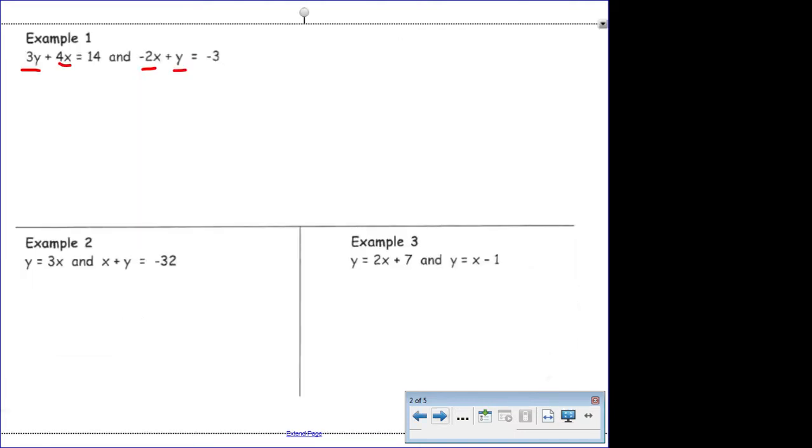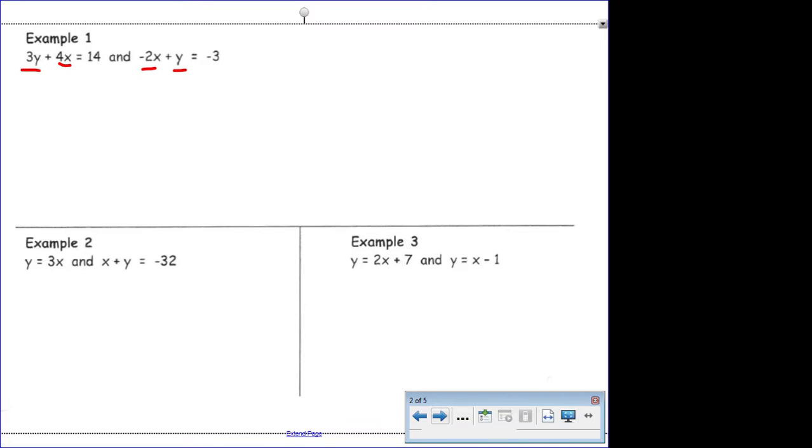Why is it good to get this y by itself? You're not going to have to divide by anything because it doesn't have a coefficient. If I want to get the x by itself, I'm going to have to divide by -2. That's going to cause fractions. Or here I might have to divide by 3, and 14 divided by 3 is going to be a fraction. When there's a coefficient of 1, no fractions.